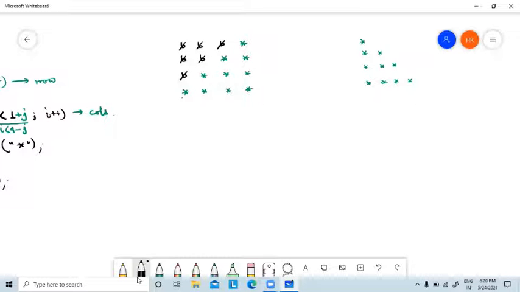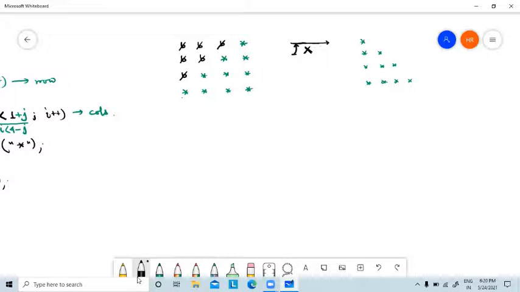Because remember, if you somehow move forward and then move into the second row, there is no way that you can get back to the previous row. There is no option for that. In C language, there is no such option where you can get back to the previous row.